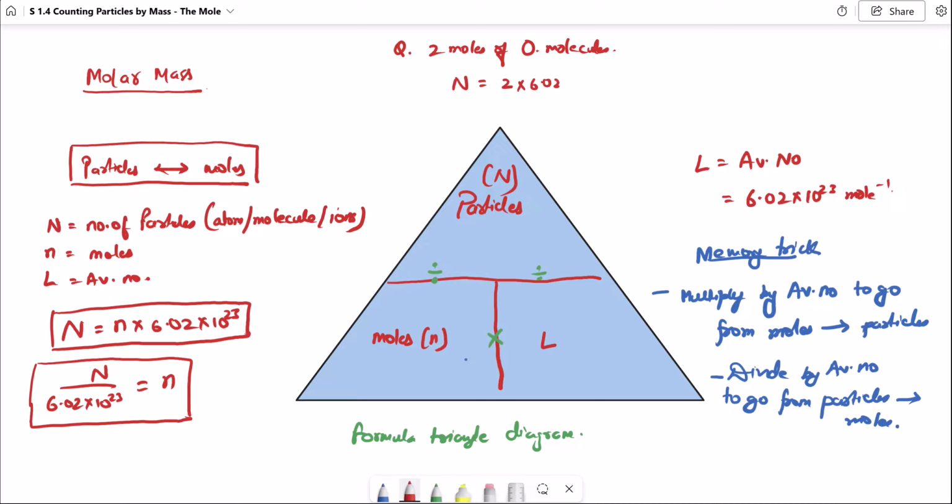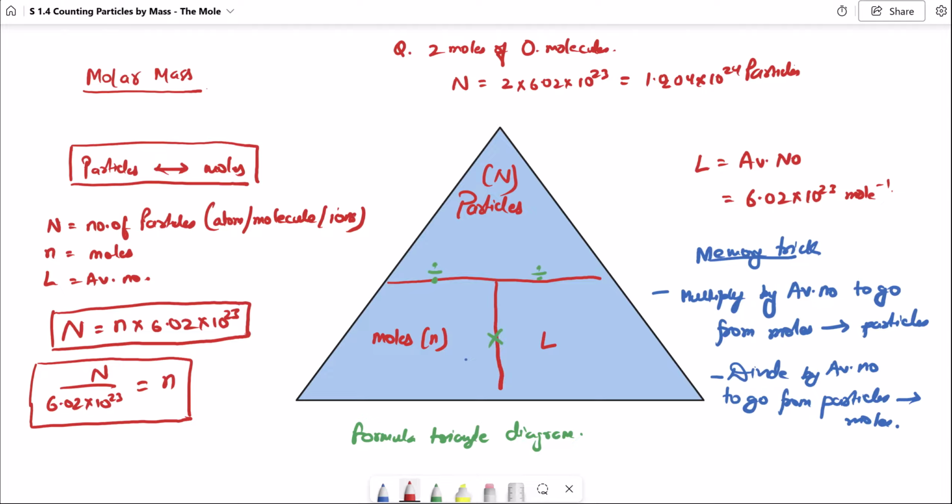Multiply with 6.02 into 10 to the power 23 and you will get 1.204 into 10 to the power 24 particles, right? So this is just a simple question.